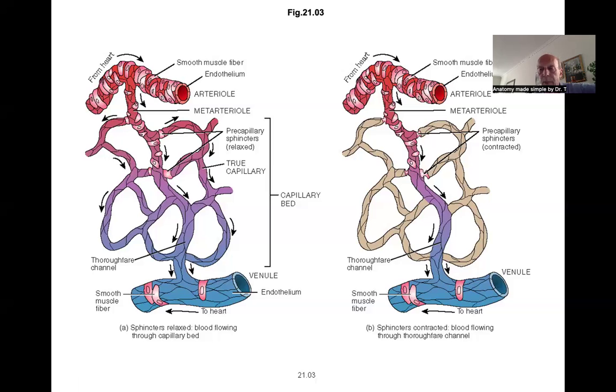Therefore, these pre-capillary sphincters, as they are contracted, exclude part of the capillary bed from active circulation and ensure that there is a thoroughfare channel which continues through the capillary bed, enabling some blood circulation going from the arteriole into parts of the capillary bed, being drained out of it, and then into the venule and taken away back towards the heart.